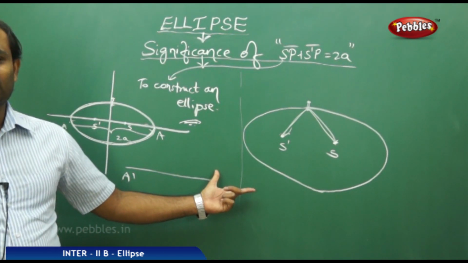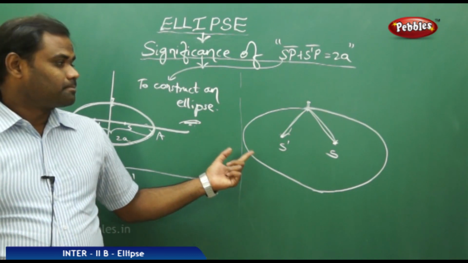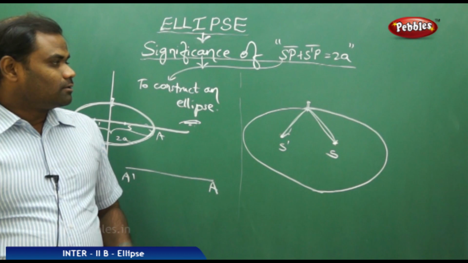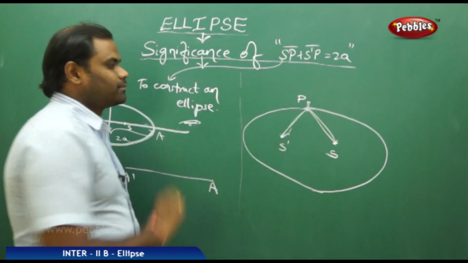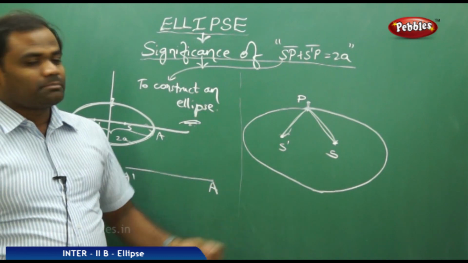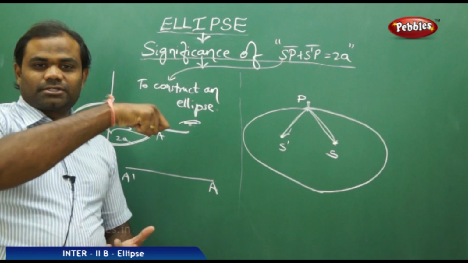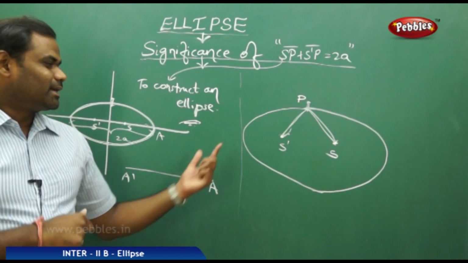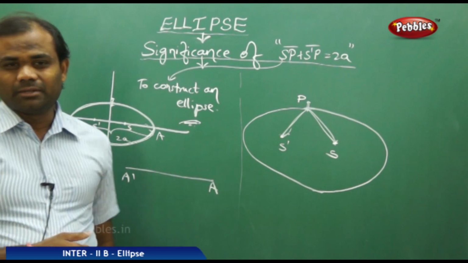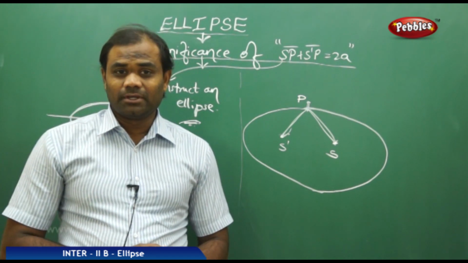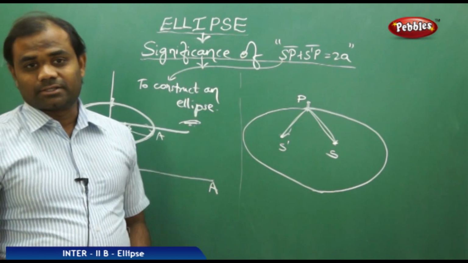Constructing an ellipse using the fixed points S and S dash as nails, and taking the point P as a pen or a pencil, I hold the string tight and just move it round so that I get an ellipse. This is constructing an ellipse using the relation SP plus S dash P is equal to the length of major axis 2A.